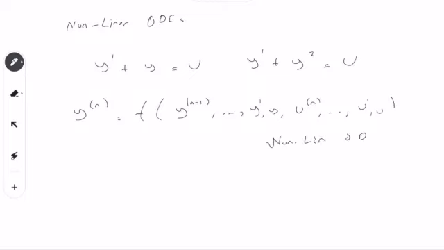So the basic idea is, for a general nth order system, y^(n) is equal to f, a function of y^(n-1), up to y prime, y, u^(n), up to u prime, u. This is a nonlinear ordinary differential equation. The f is a general function. It can be composed of sines, cosines, or any other nonlinear terms.